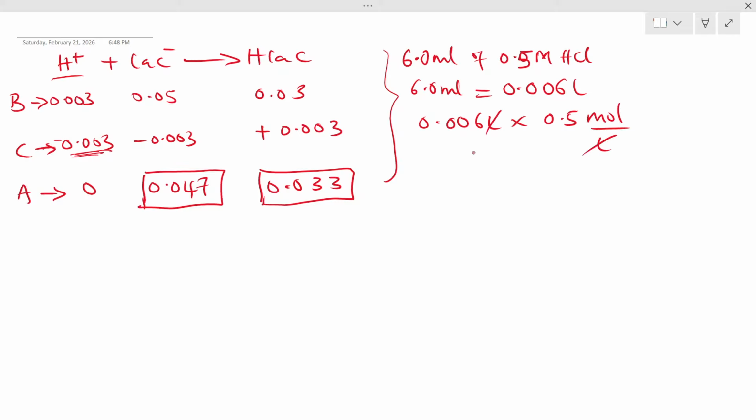Liter will cancel liter, and that gives you equals to 0.003 moles. And that's exactly how we got this change right here.